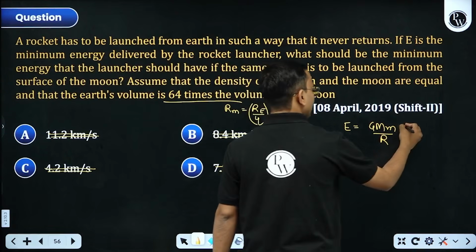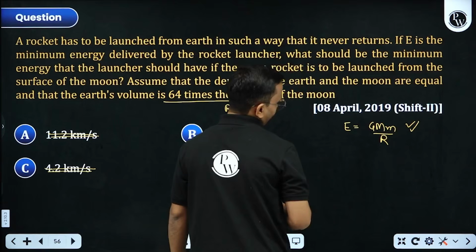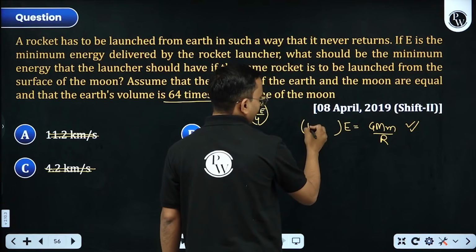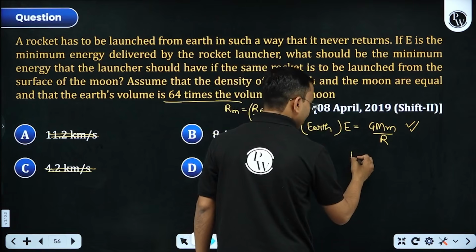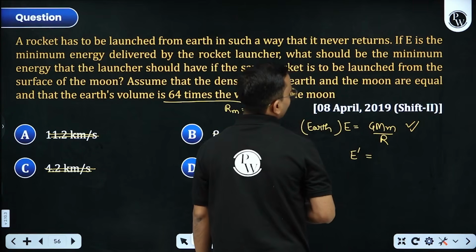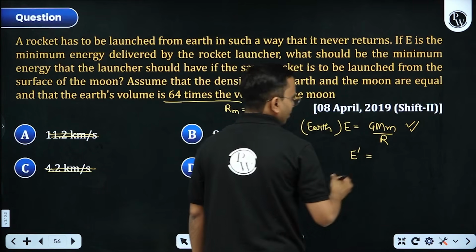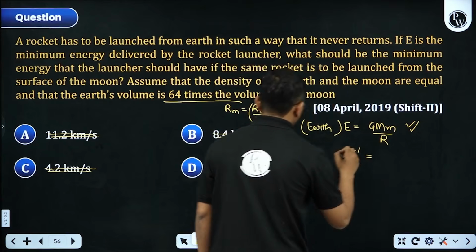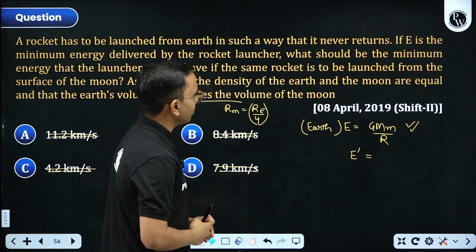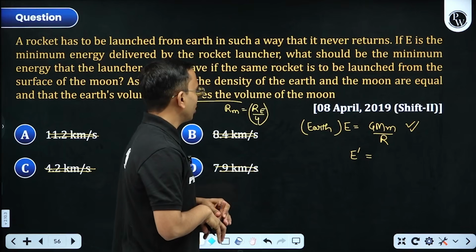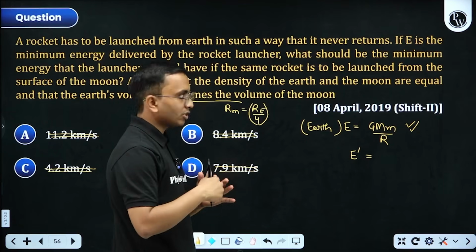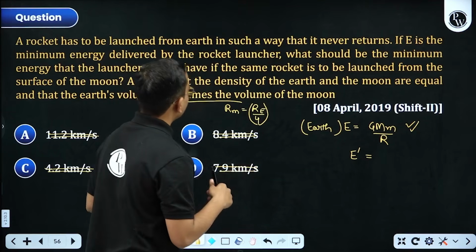So this is the energy for Earth. For moon, if I write E dash, mass of the moon, I don't know. If I say the density is the same and the radius is 1 by 4th, the mass will be 1 by 64th.